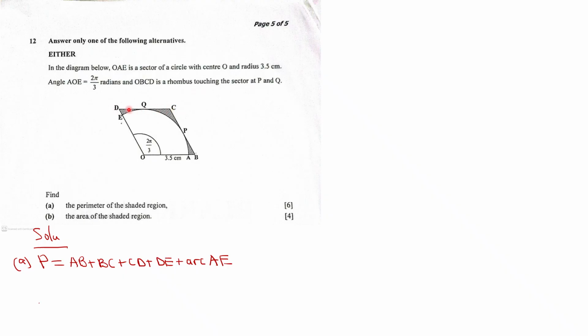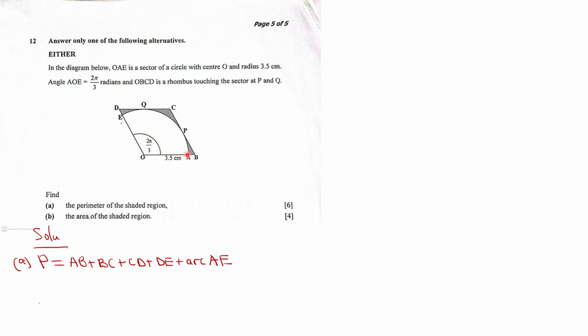Now, how are we going to find the length of CD? This is where it brings us to the properties of a rhombus. What are the properties of a rhombus? In this rhombus, we need to find our OB, BC, CD, and also DE. Does it mean we have to start calculating each length of this rhombus?